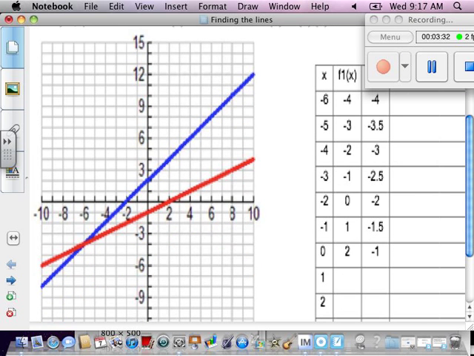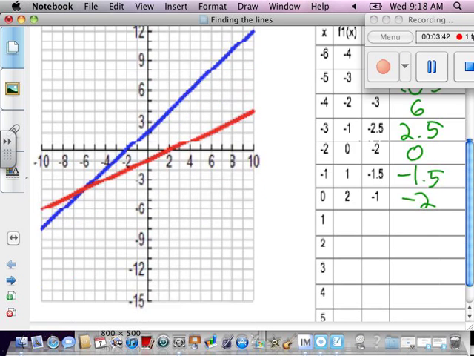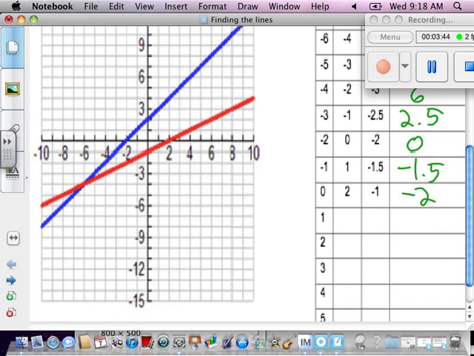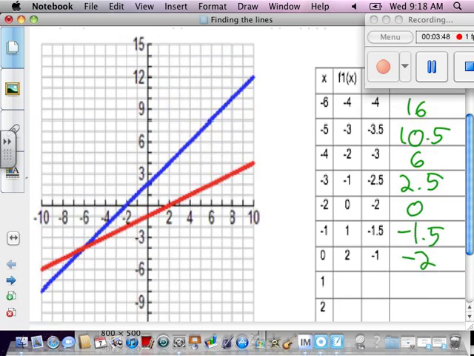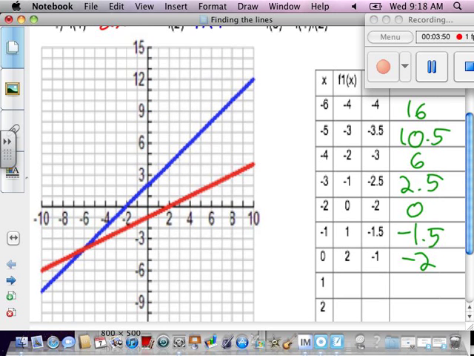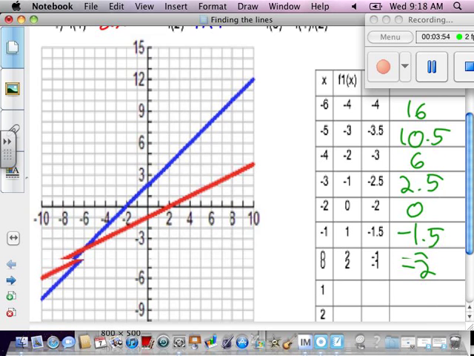We've got 16, 10.5, 6, 2.5, 0, negative 1.5, negative 2. But then we have to continue with our chart because it keeps going. So let's look at the red one. Wait, let's figure out, is this the red one?